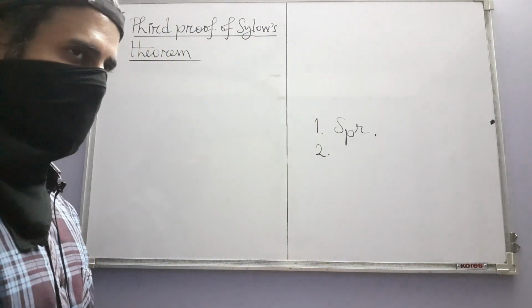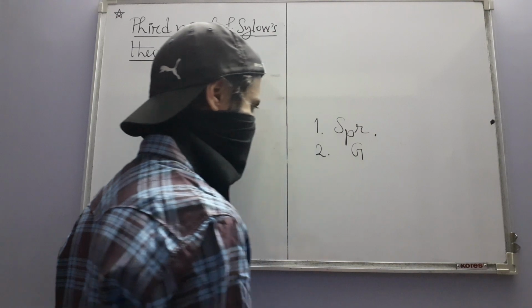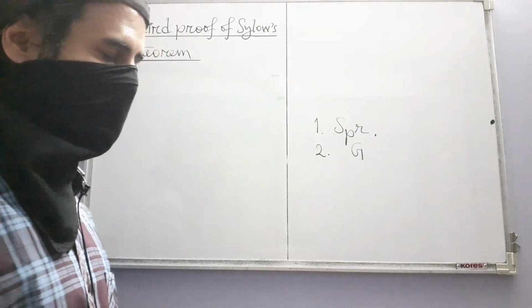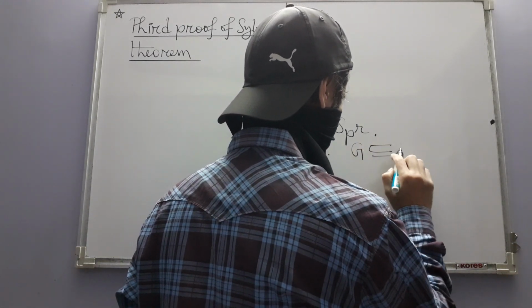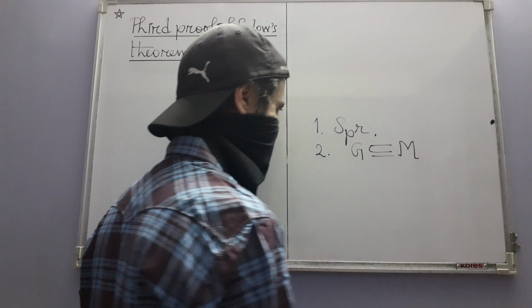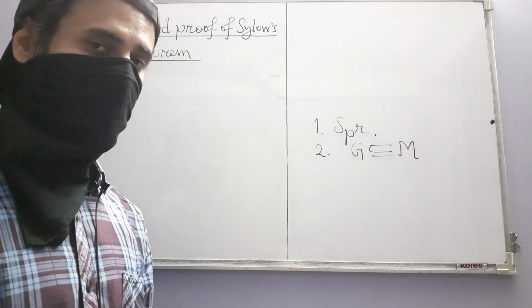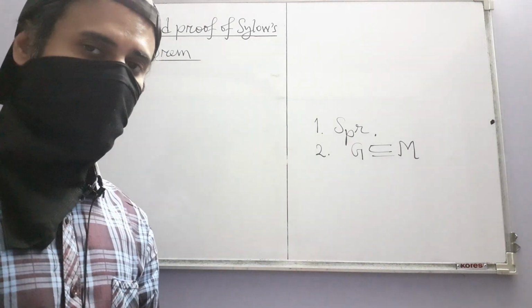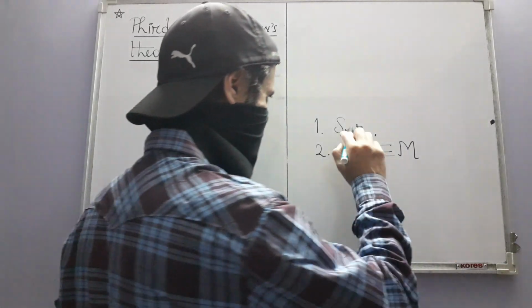Then the second step is that if G is our original finite group in which we want to prove Sylow's theorem, if that group is a subgroup of some larger group M and Sylow's theorem is true in M, then it is also true in G. This is what we will prove next after proving this.